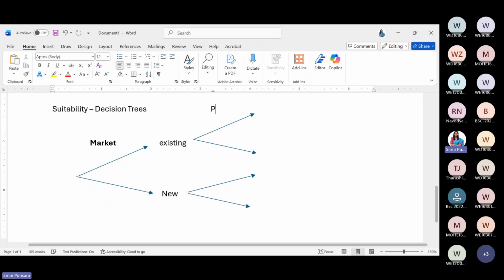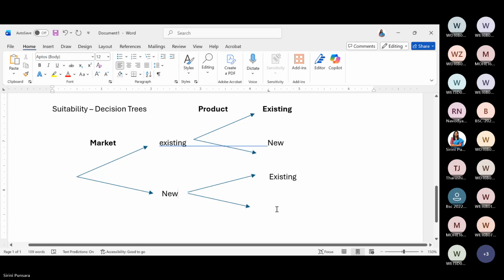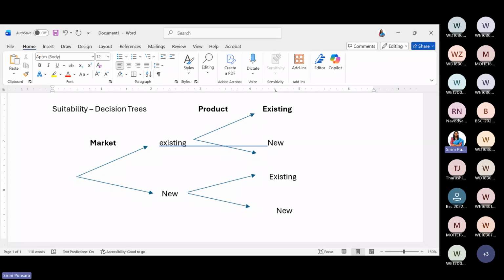Second factor is product. First factor is market, second factor is product. So here also we will be considering whether it is existing product or new product. So we have taken two key factors. First is the market that we are going to operate in. Second factor is the product that we are going to produce. So for the market, we have existing or new, and for the product, existing or new.